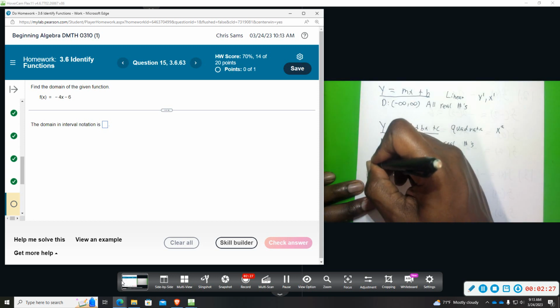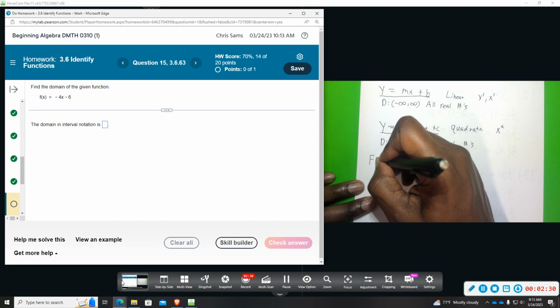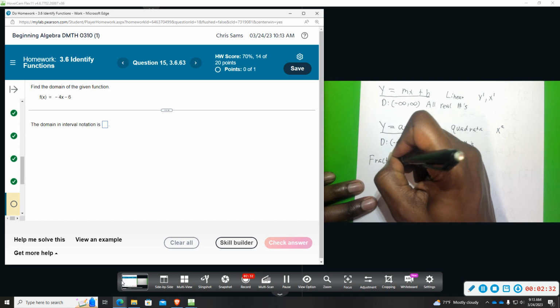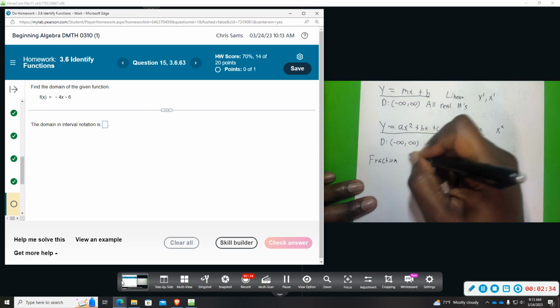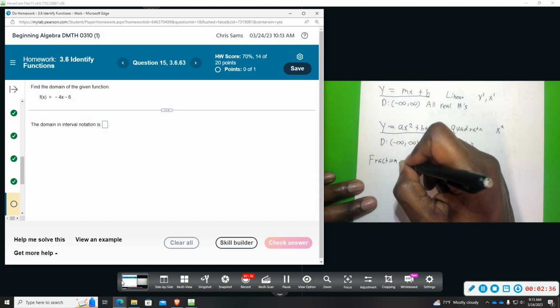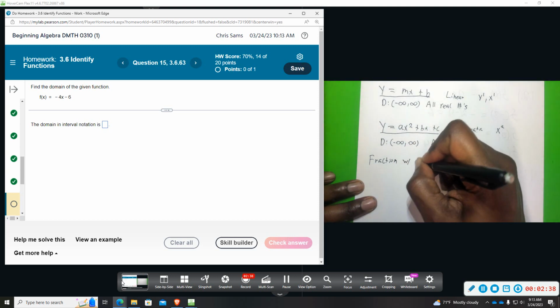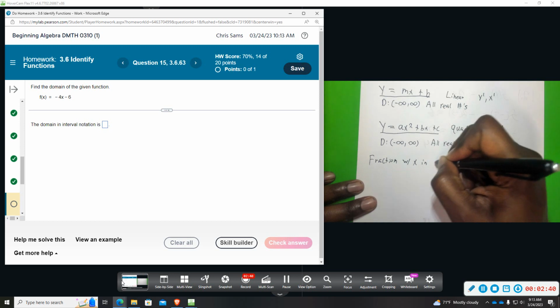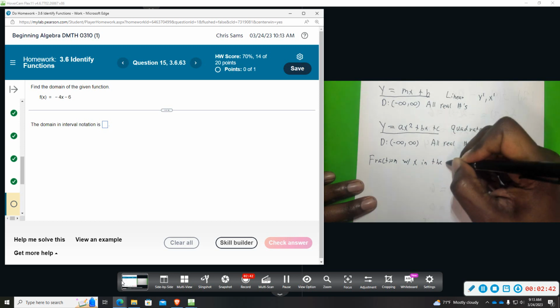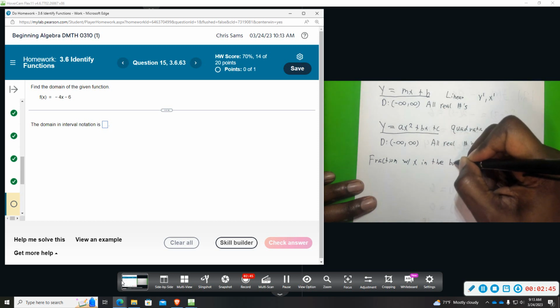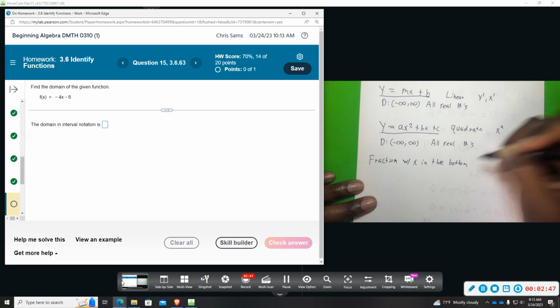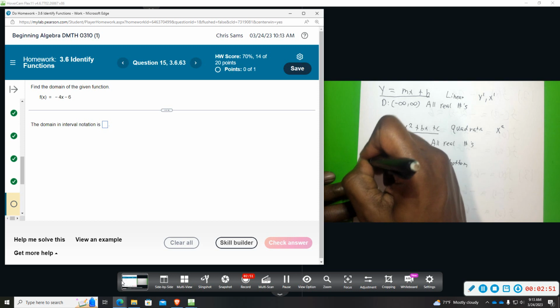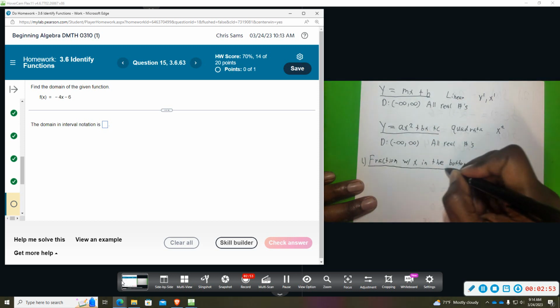One is if you have a fraction, specifically with x in the bottom. The reason why this is an issue is because we can't divide by 0.